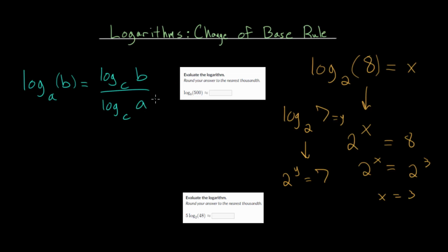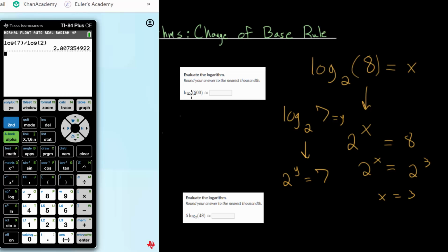This probably will seem very abstract at first, but let's look at a concrete example. In our case, we have log base 2 of 7, and we want to change this so that it has a base which we can put into our calculator. The calculator has two primary logarithm buttons, this log button and this ln button.